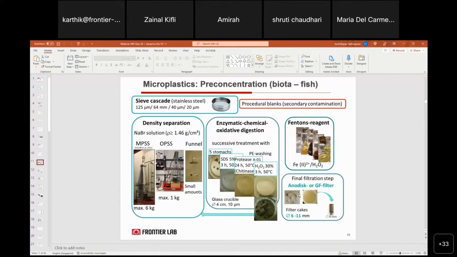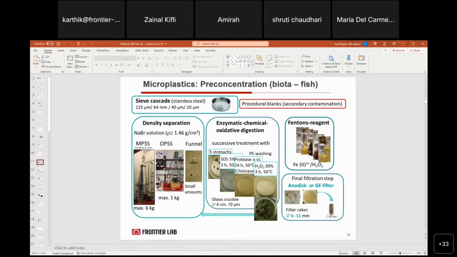So the third one most commonly analyzed is the biota, okay, like fish or other organisms like green mussels. So this is a really organic-rich matrix. Okay, so you have to do some kind of chemical oxidative digestion, and also the density separation first, followed by the enzymatic or chemical oxidation.